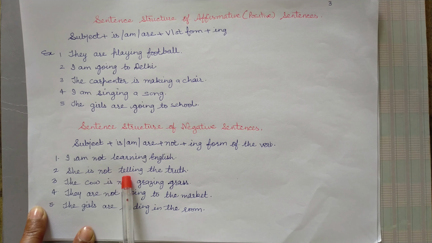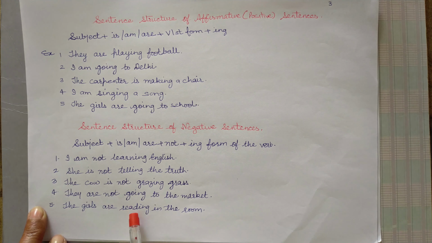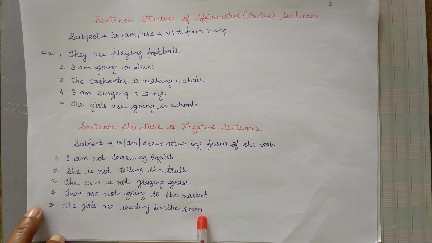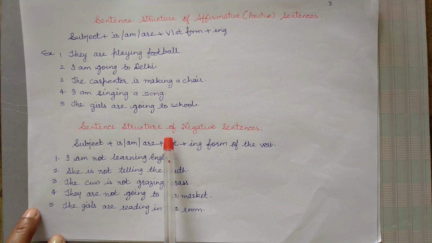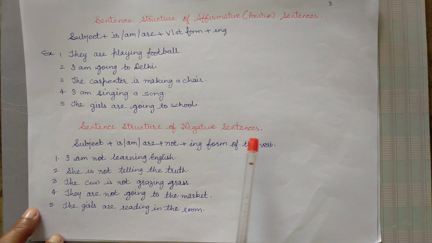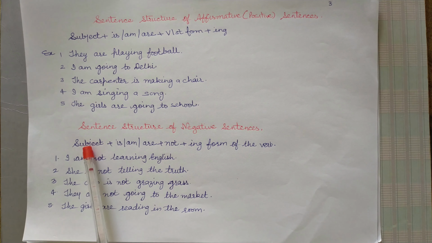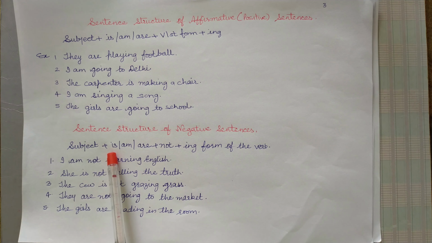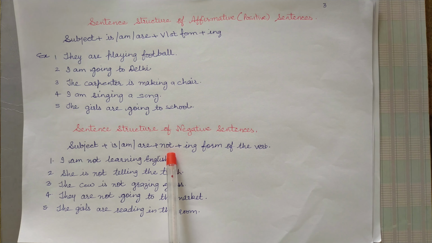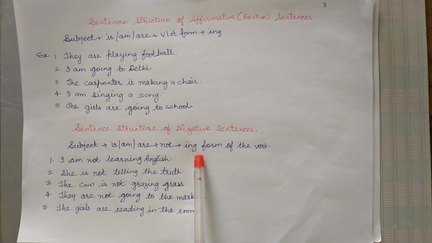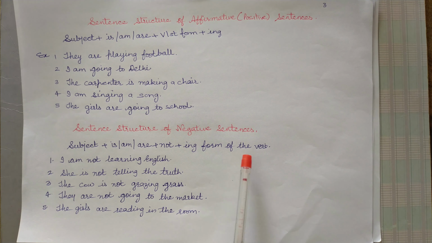She is not telling the truth. The cow is not grazing grass. They are not going to the market. The girls are not reading in the room. The structure of negative sentences in present continuous is subject plus is, am, are plus not plus ing form of the verb.